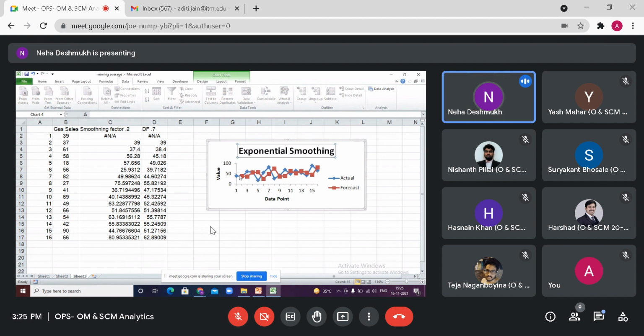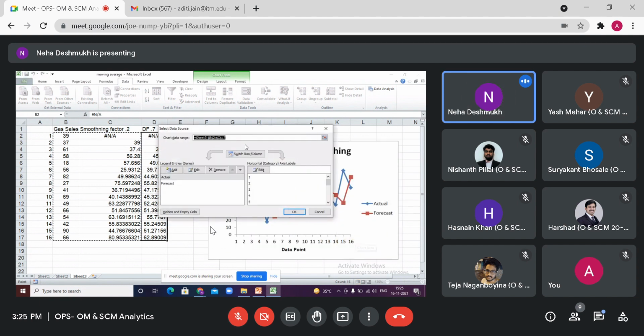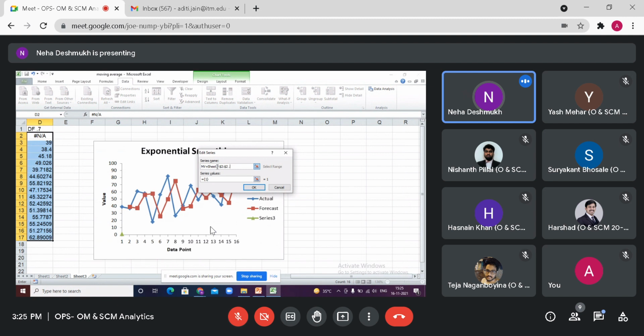Now just add this value by right click, select data, add moving average points or damping factor 0.7. Select the values from here and okay.